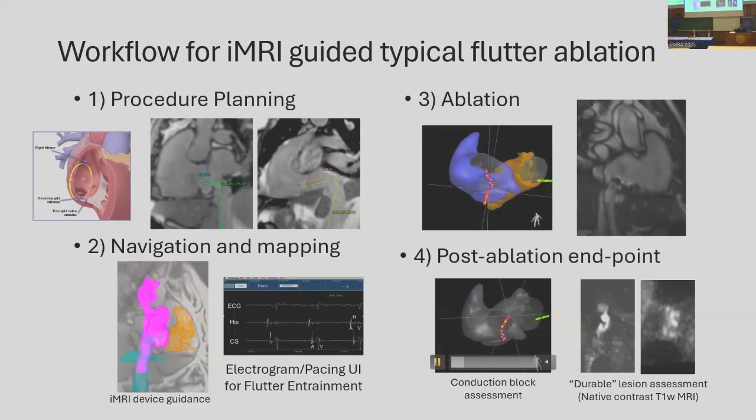And then afterwards, for the study, we're performing an endpoint similar to the conventional endpoint, where we pace on one side of the ablation line and confirm that the timing of electrograms is delayed across the line, and keep that pacing from both sides, which would be a standard endpoint for this type of ablation. But we are also performing native contrast T1 imaging.